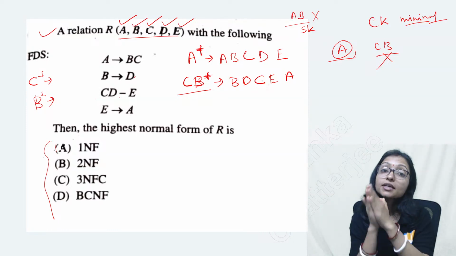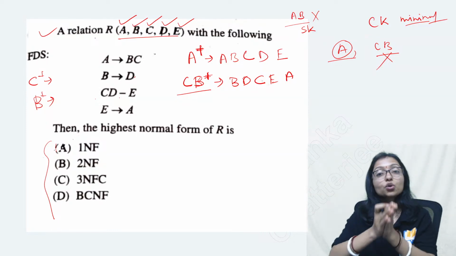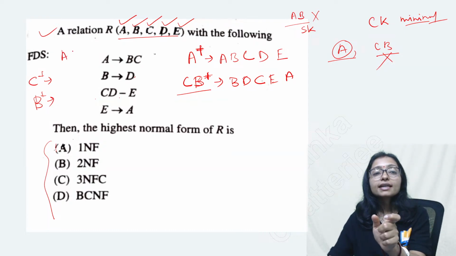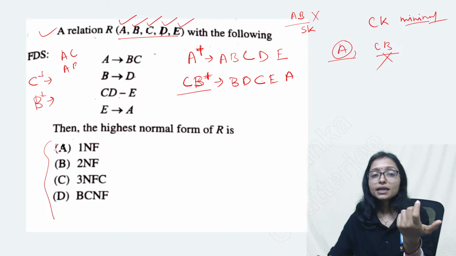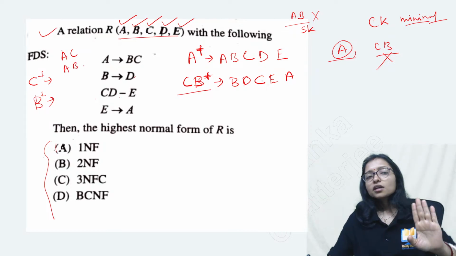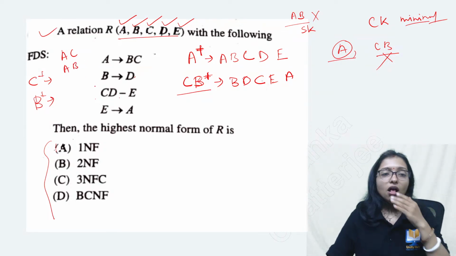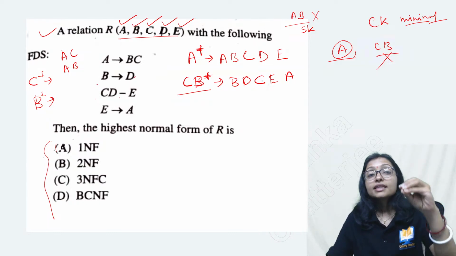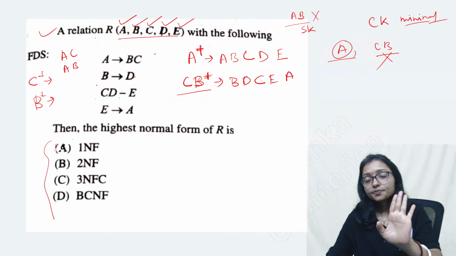That's why CB is also a candidate key. Don't count the number of attributes. You cannot take AC or AB, because A cannot be present.